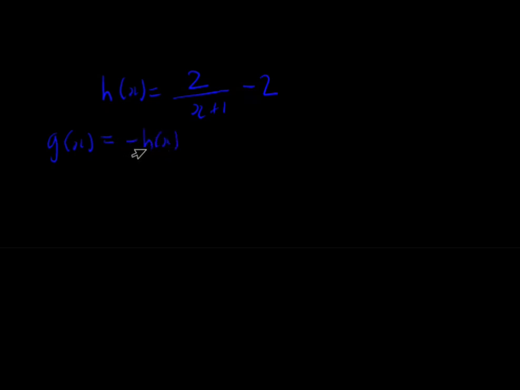So y has to be negative because it's the reflection in the x-axis. This one is quite simple. Let me do it step by step to avoid confusing anyone. This is just going to be minus 2 over x plus 1 plus 2. So this is the new equation.